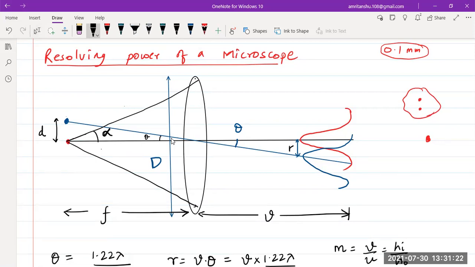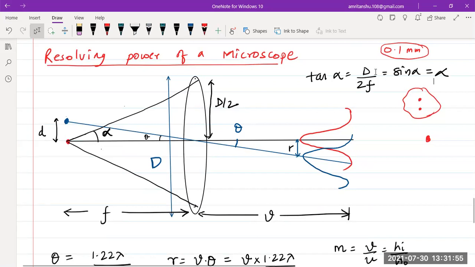Here I can say tan alpha is d dash by 2f. You can see this distance is going to be d dash by 2, and this is f, so tan alpha is d dash by 2f. These angles are very small, so I can say tan alpha is approximately sine alpha, which is approximately equal to alpha, because these distances are very small.